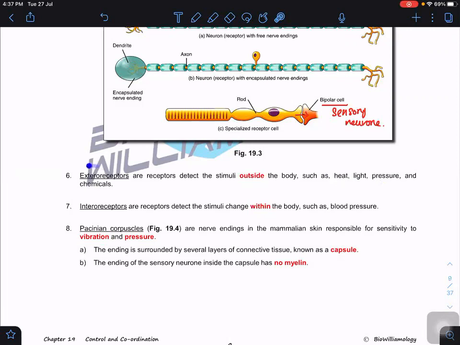Those are detected by external receptors. We also have internal receptors, which detect stimulus changes within our body, for example blood pressure, CO2 concentration, and water potential. Those are the receptors inside our body. We term them interoceptors.